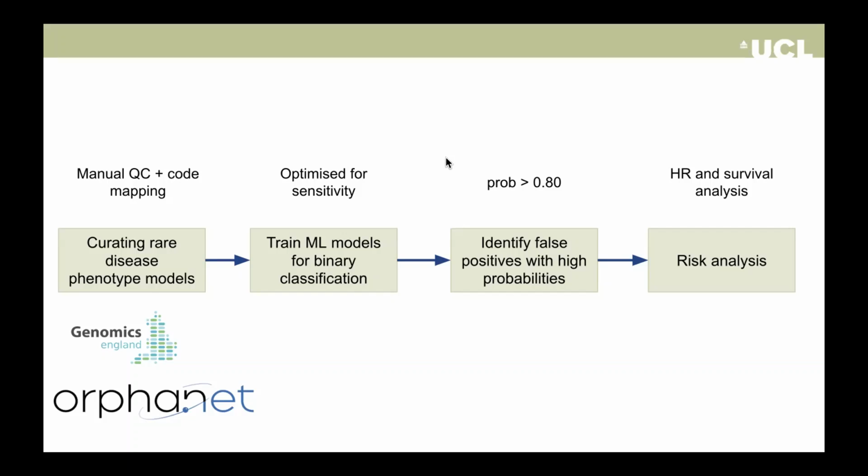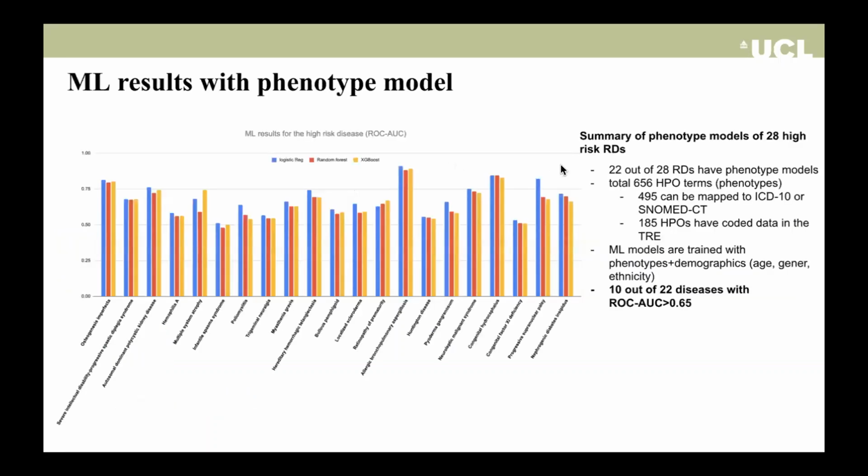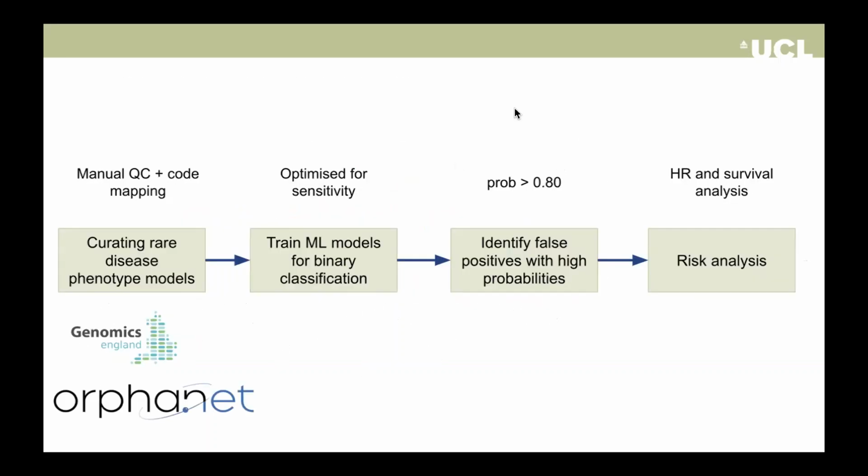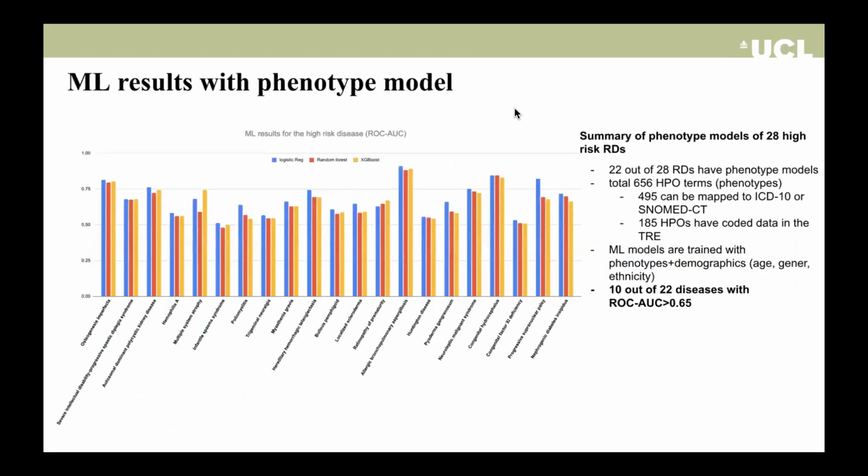And we then do a risk analysis of the false positive cohort and the control cohort. So next slide, please. Thanks. So this is in general the results of the machine learning models.